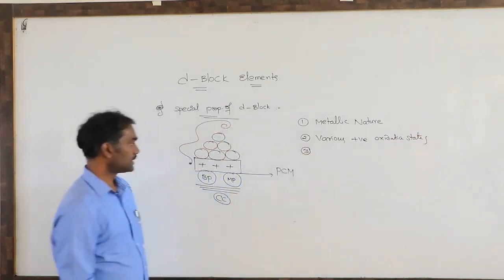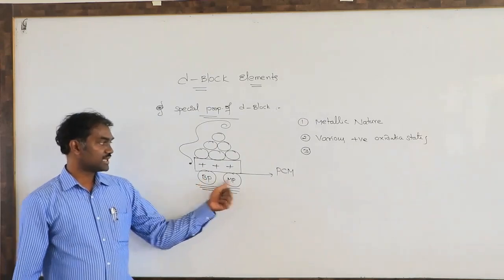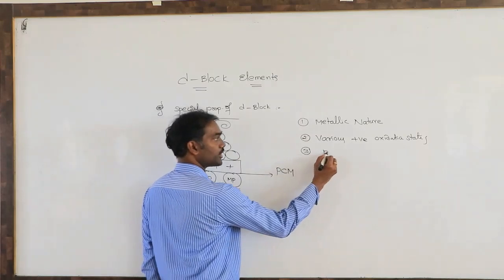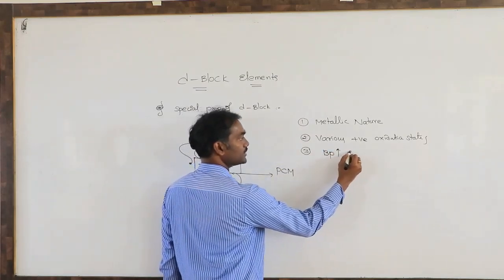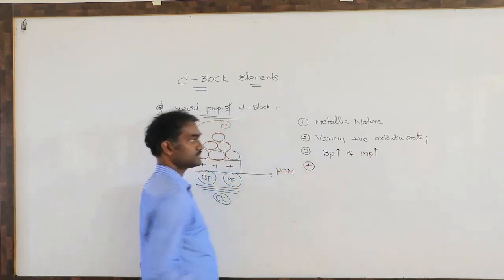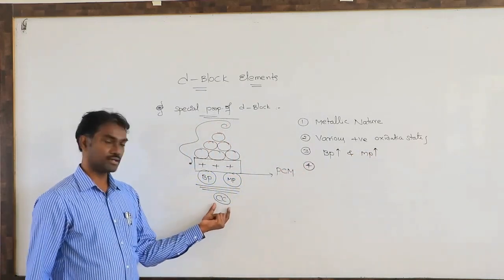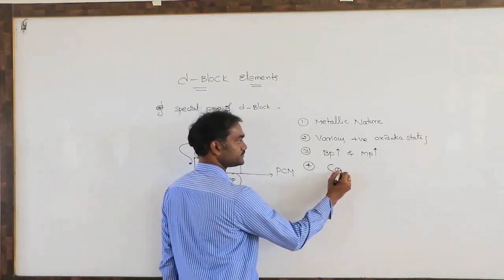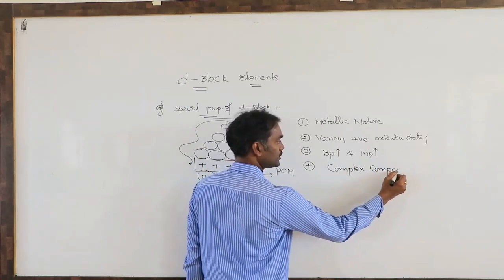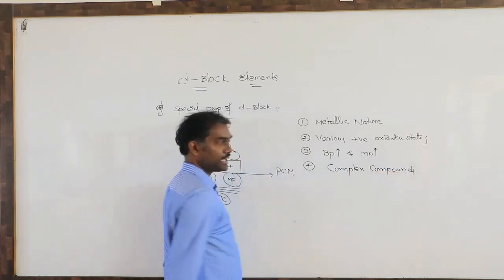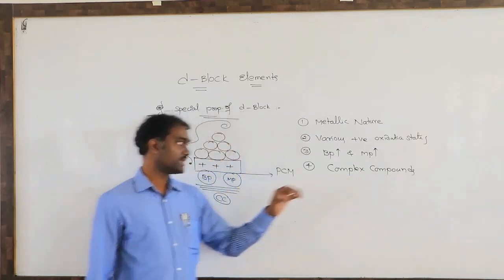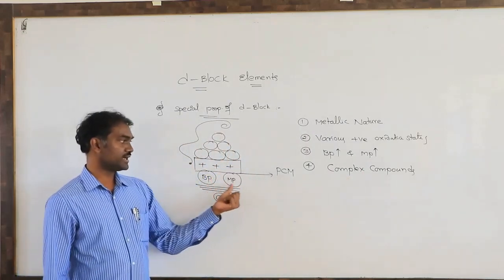Next, third, the wheels are BP and MP. The D block elements' boiling points and melting points are very high. Next, they readily form complex compounds. In future, in your second year inorganic chemistry, complex compounds are coming. That is the speciality of D block elements.